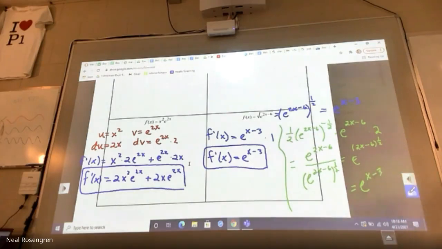Same thing. A lot more work done. We should get the same derivative no matter how we do it.